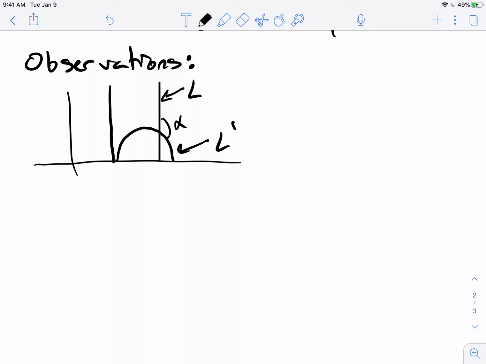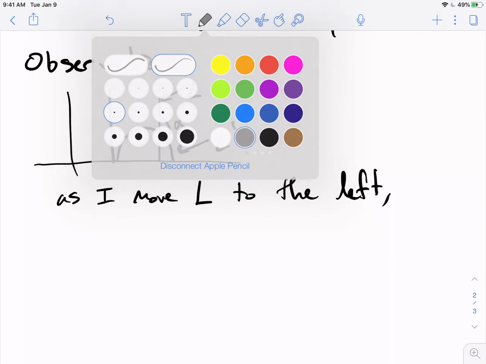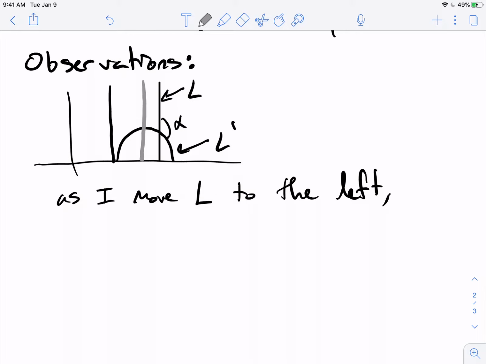And notice that as I move L to the left, let's say, well, what happens to the angle alpha? Alpha gets smaller and smaller, right? If I move it over to here, this angle that I just drew in gray is smaller than the previous alpha. And so as I move to the left, alpha gets smaller.